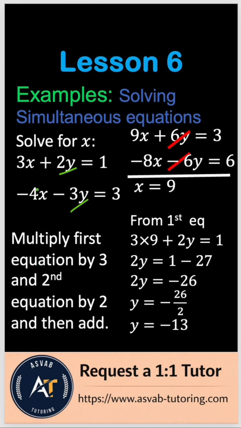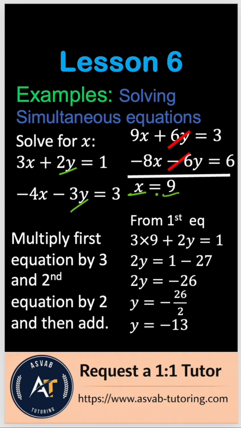And if we multiply the second equation by 2, we will get negative 8x minus 6y equals 6. So positive 6y and negative 6y cancel each other out, and 9 minus 8 gives us 1, which is 1x. We simply write x, and 3 plus 6 gives us 9.